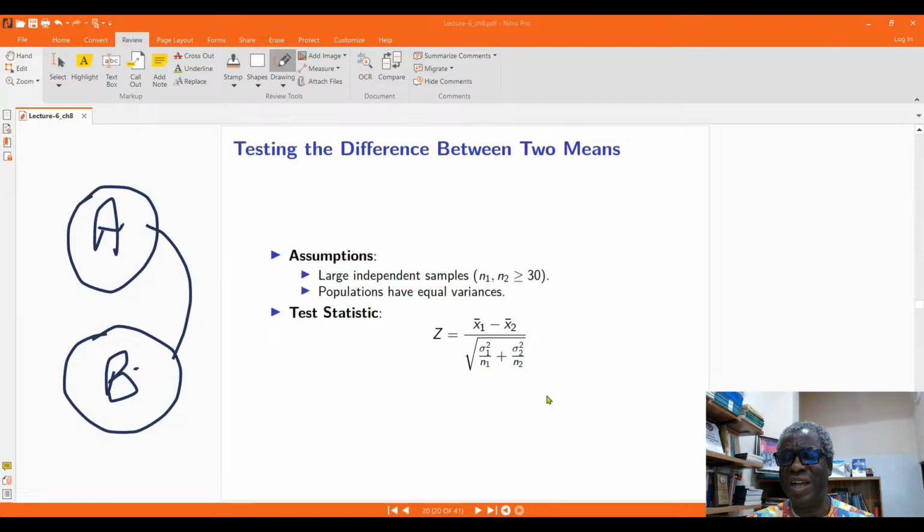So before the interruption, we were talking about having two populations, population A and population B, and we want to compare the two populations.